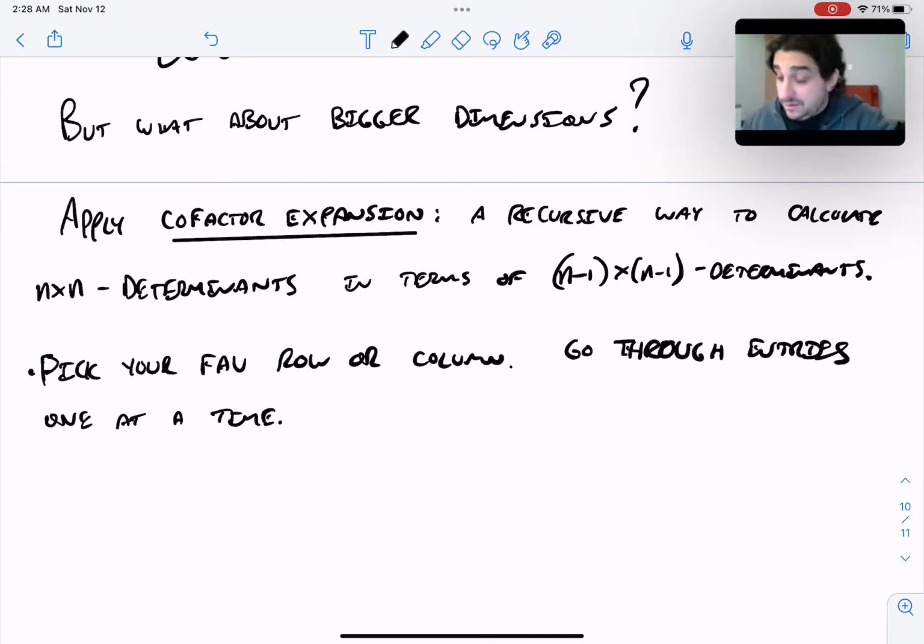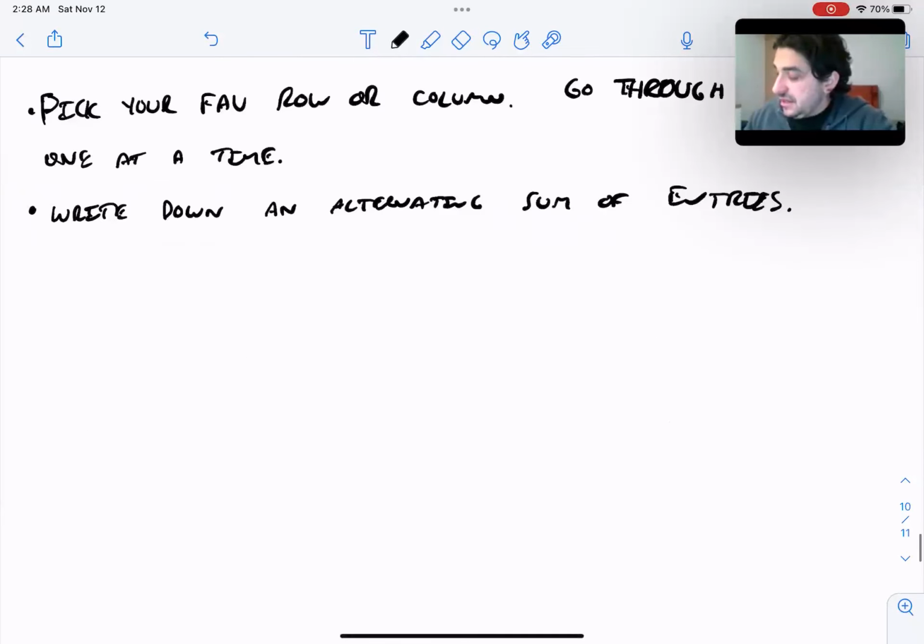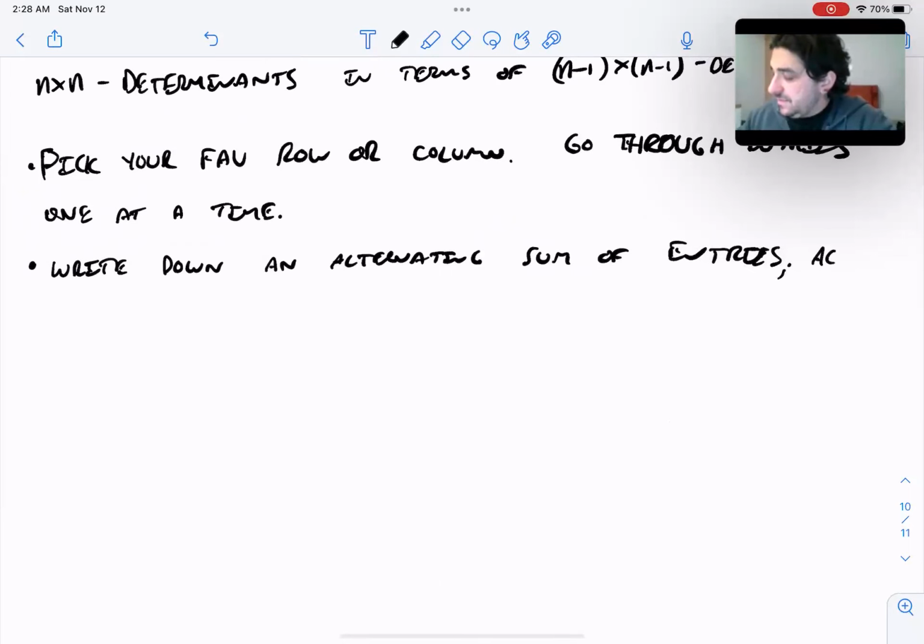And here's what you do with those entries. What you do is you write down an alternating sum of those entries. And sometimes you start on a positive, sometimes you start on a negative.